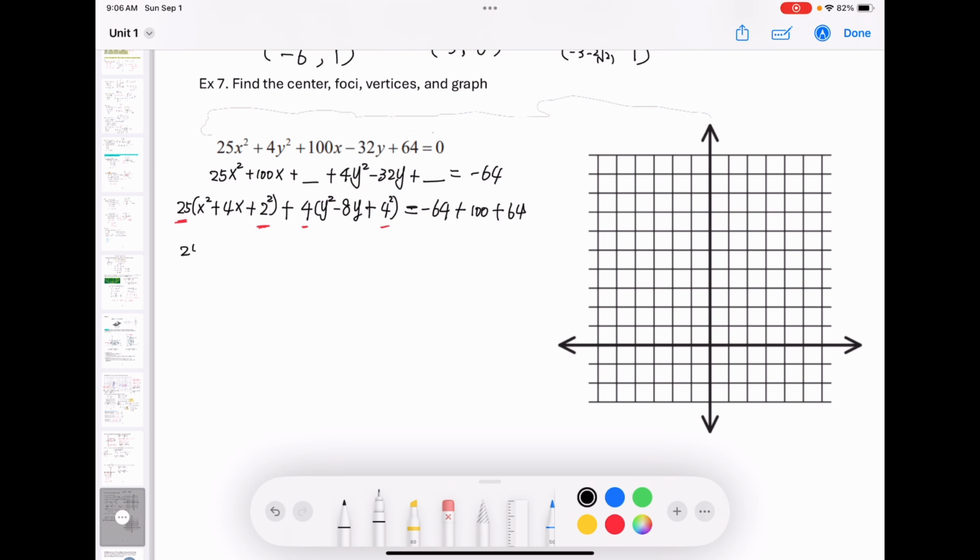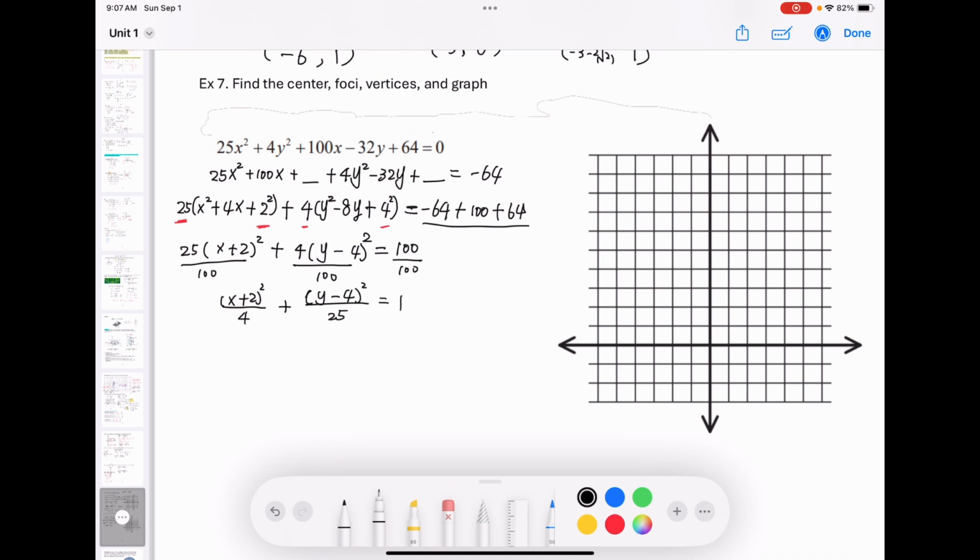They are 25 times (x plus 2) squared, and 4 times (y minus 4) squared. And on the other side, doing the addition, we have 100. Now we make a 1 on the right-hand side by dividing both sides by 100. So we have (x plus 2) squared divided by 4, which is 2 squared, plus (y minus 4) squared divided by 25. The other side is 1.